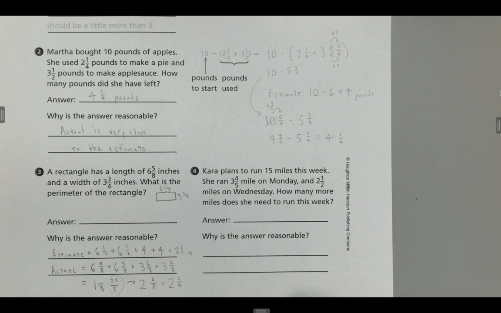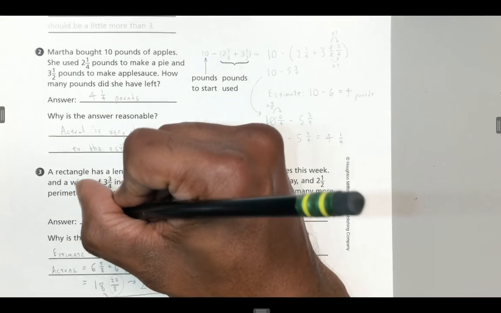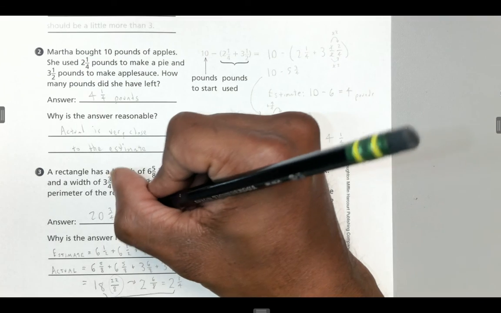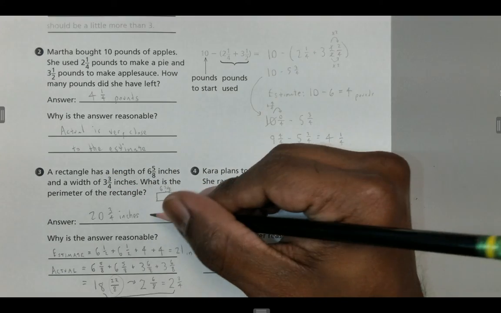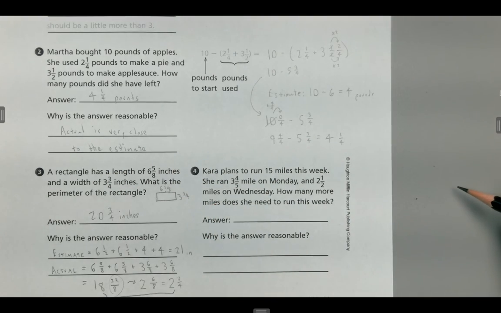And now let's combine whole number 18 plus 2 3/4. We get an answer of 20 3/4 inches. Very, very close to our estimate. The answer is reasonable.